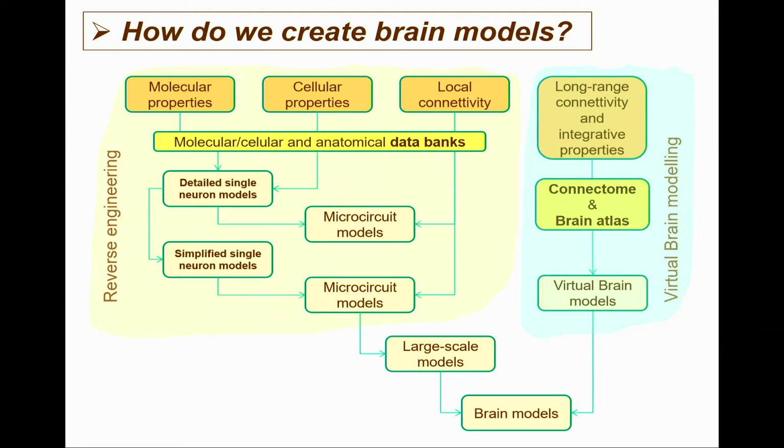So we can make models starting from a large set of data coming from biology, passing through the rules of cellular biophysics, generating realistic models of the neurons that can actually represent what we know about the neurons. This can be connected into networks, generating local microcircuits. This can be quite big, tens of thousands or hundreds of thousands of neurons. They are computationally heavy, but biophysically and biologically very precise. So we are quite happy with these models.